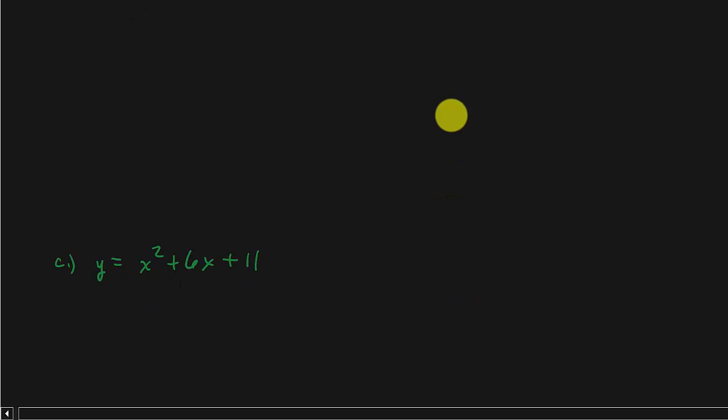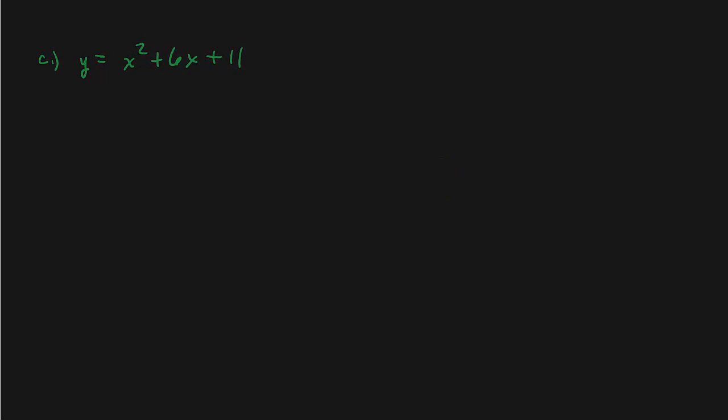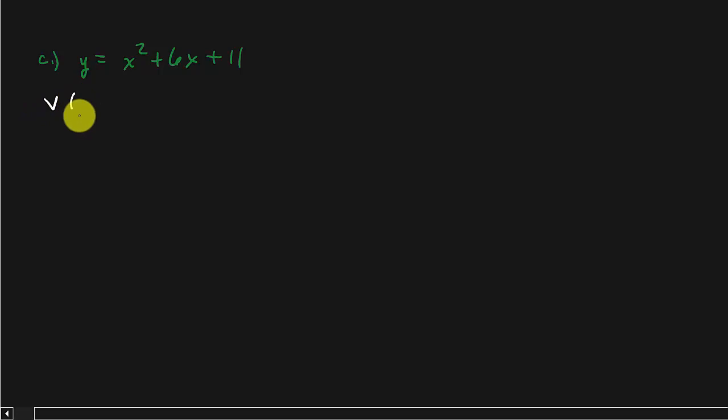All right, so now let's look at this one. Let's graph this, same thing. So let's find the vertex. I've got minus b over 2a. So that's going to be negative 6 over 2 times 1, which is negative 3. So there's negative 3.